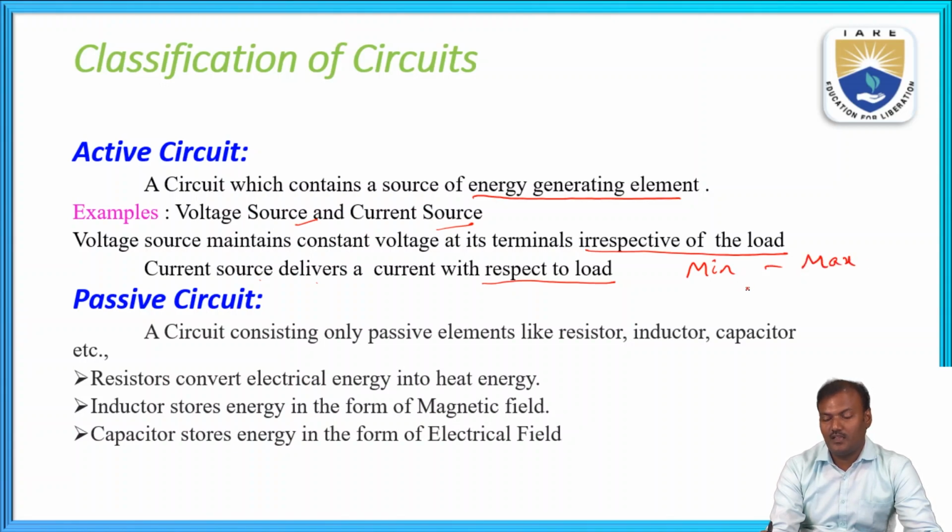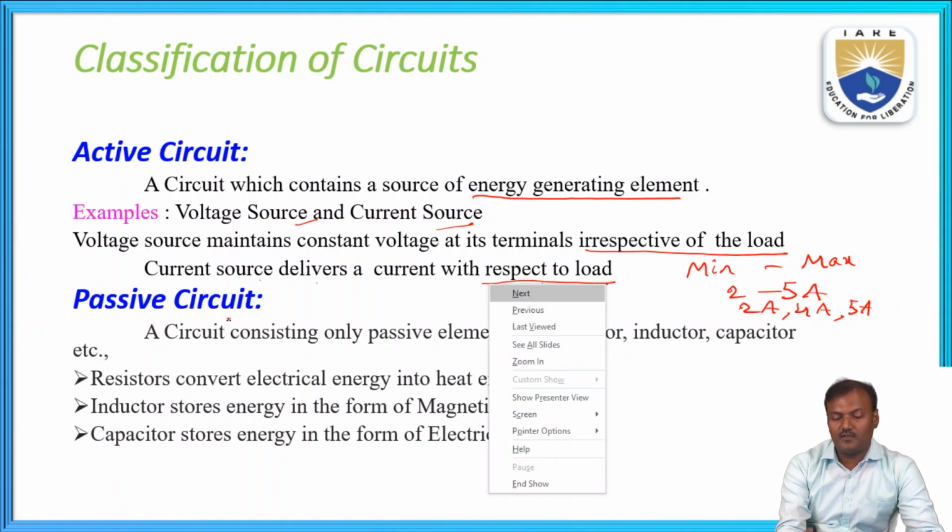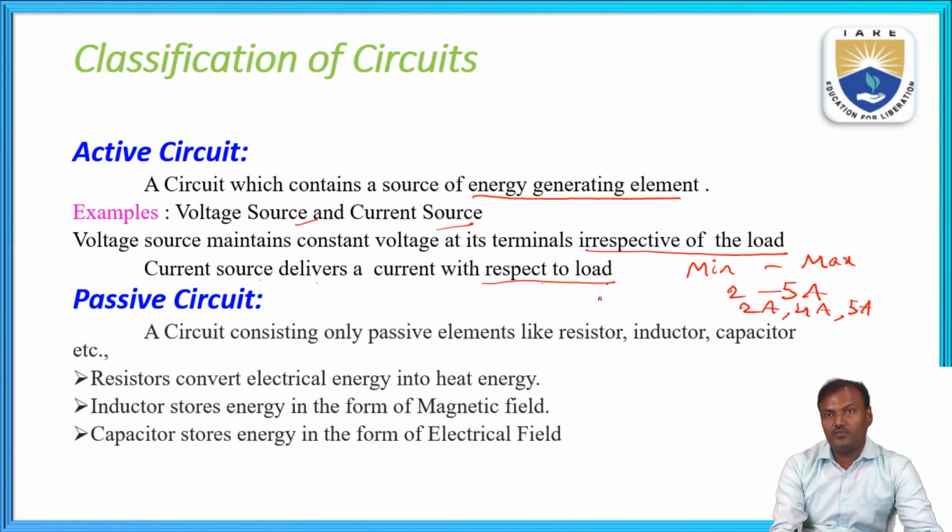Let us say we need a variation of load current of 2 to 5 amperes. So sometimes we need 2 amperes, sometimes 4 amperes, and sometimes 5 amperes. So the value of current varies with respect to load requirement. That is, a current source delivers a current with respect to load.